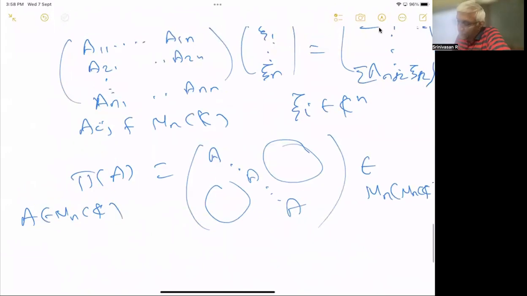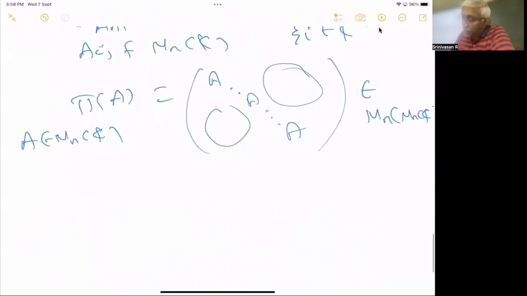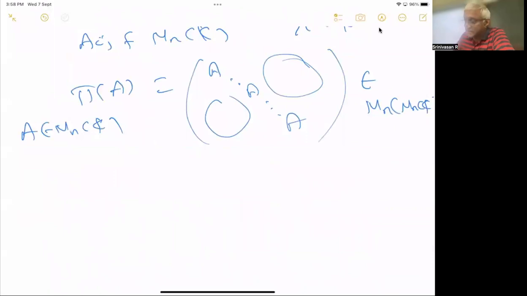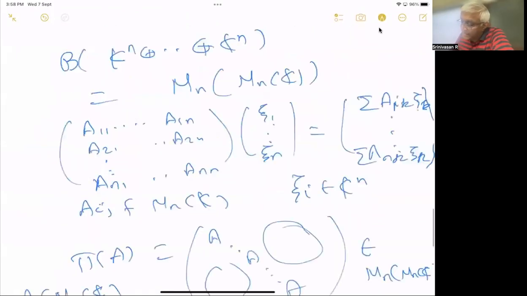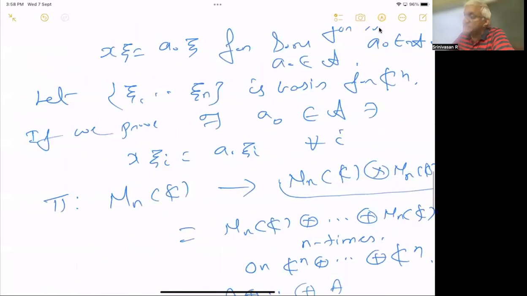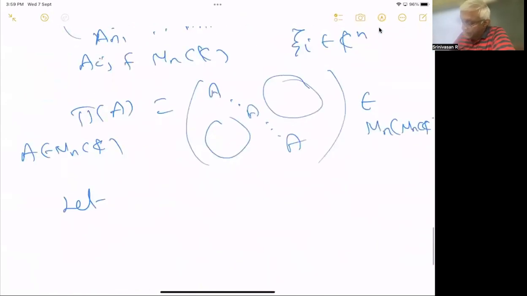Why am I doing this? Now I have this pi of a acting on that. I have taken vectors xi1 up to xin, which form a basis for Cn. Each xi is a vector in Cn. So xi1 direct sum up to xin is a single vector, which I call xi tilde.